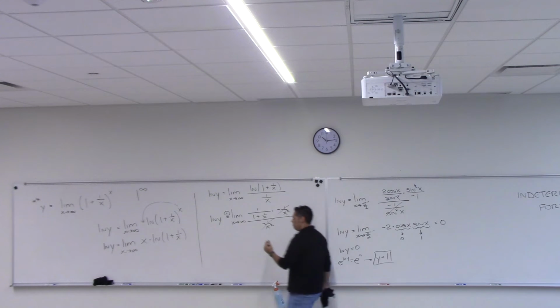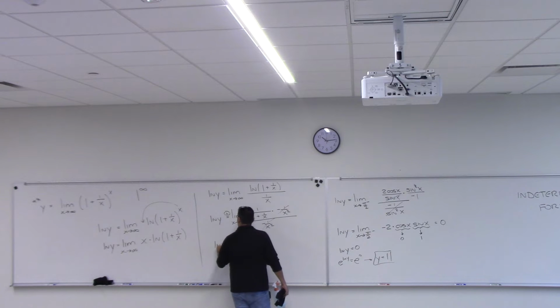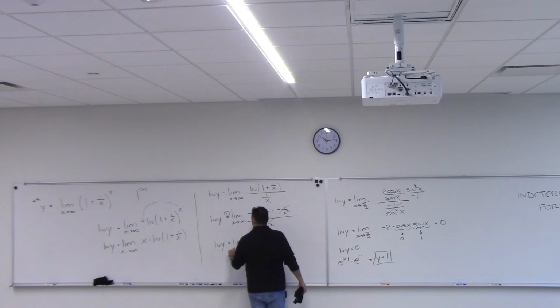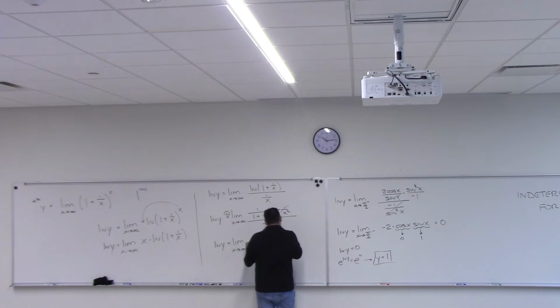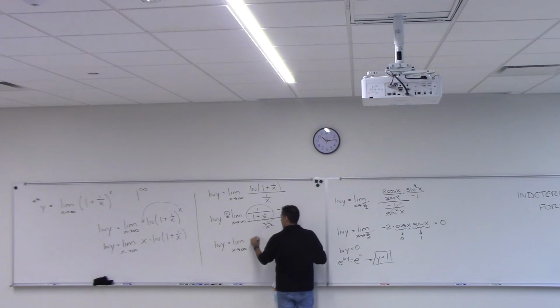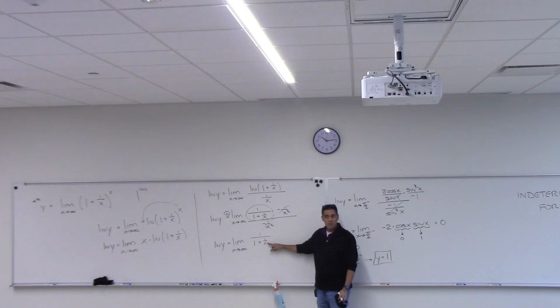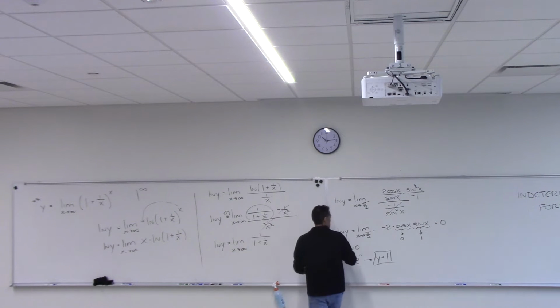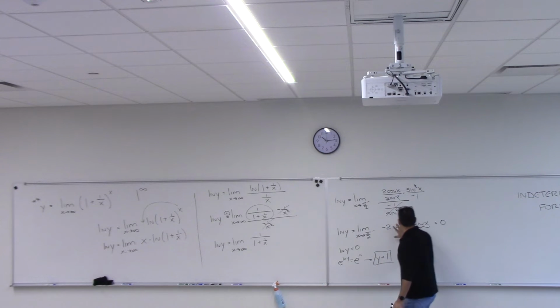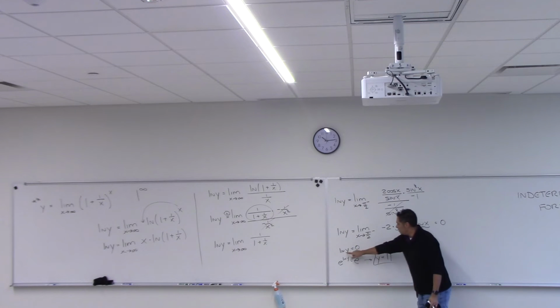Now what we're going to do is take this limit. We let x go to infinity, and what we're taking the limit of is this right here: 1 over 1 plus 1 over x. When you do this, 1 over x goes to 0, but you have 1 plus 0, so the bottom's 1, the top's 1. So you just get 1, right? But that's not the same answer we've been getting. Over here when we did this limit, what did we get? This limit was 0, so we had natural log of y equals 0.